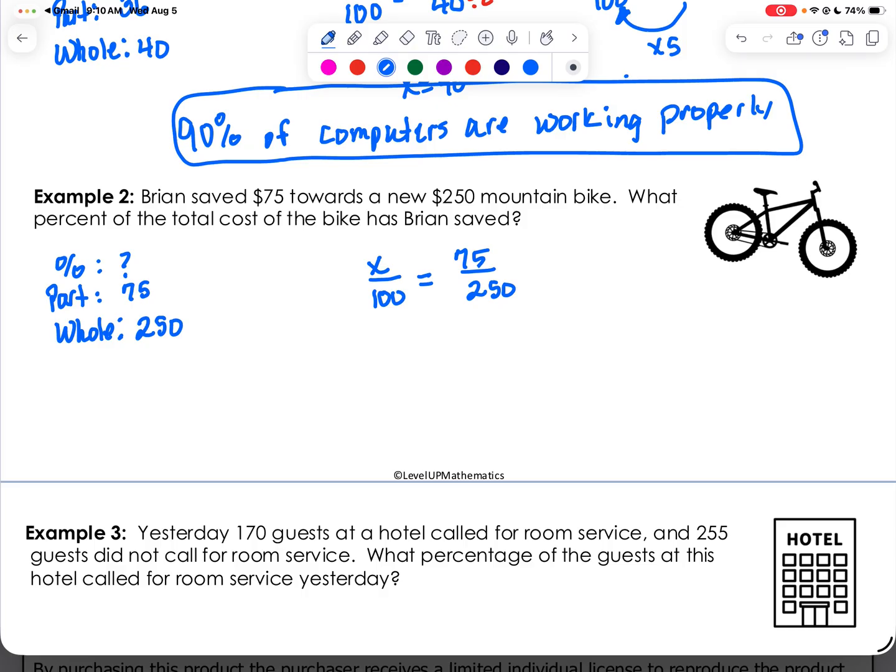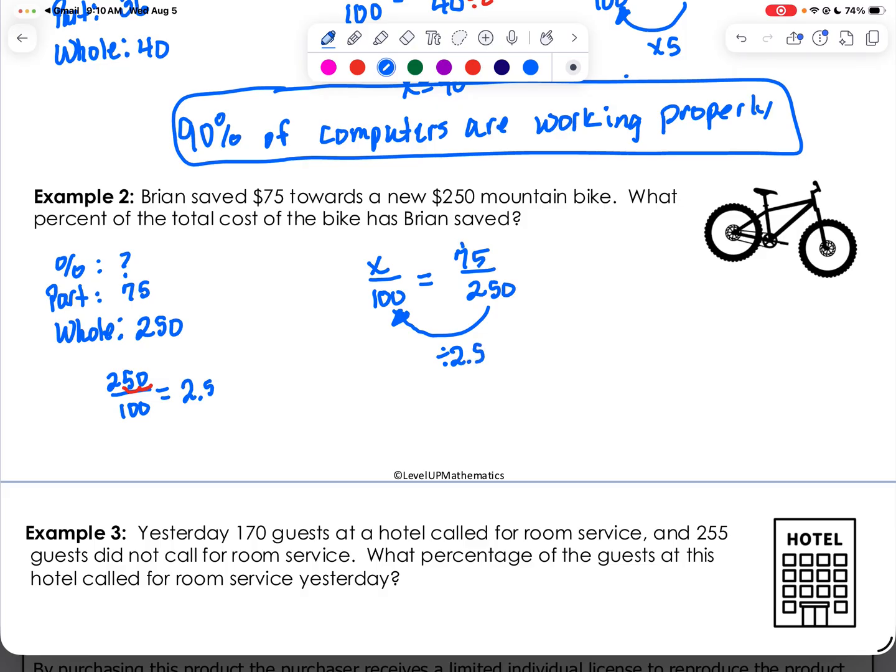For me, it's very easy to identify the scale factor in this problem because when we divide 250 by 100, we just move the decimal 2 places. So I know that to get from here to here, I'm simply dividing by 2.5.